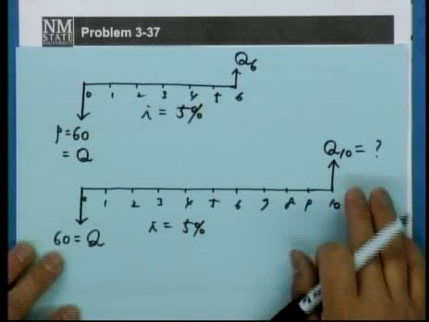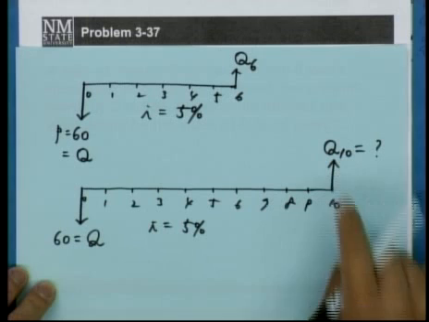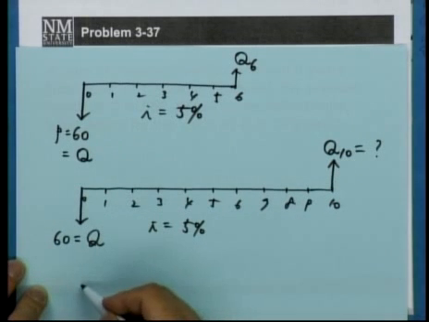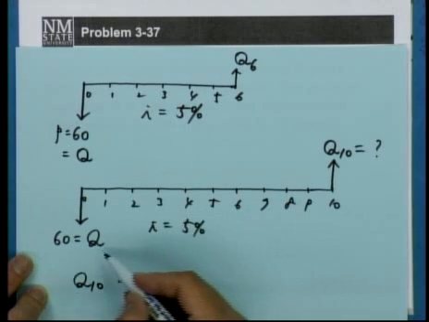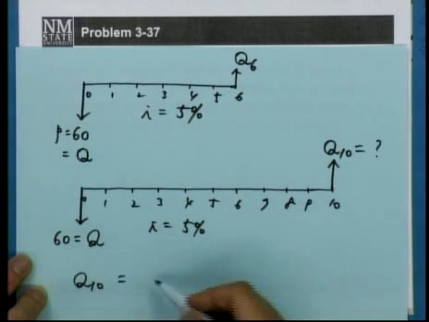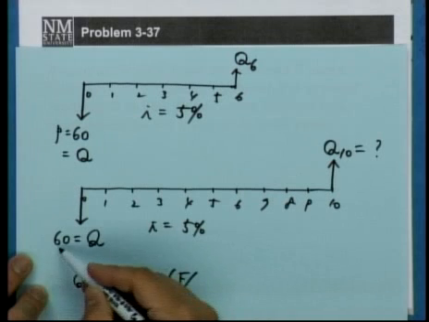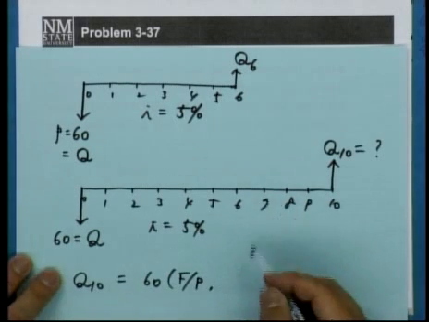So how do you get this future sum of Q sub 10 after 10 years? Here, Q sub 10 is equal to 60 times F given P. The present sum is given, so we need to use this, right?